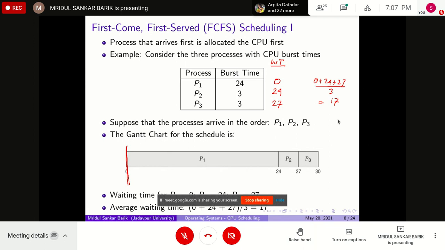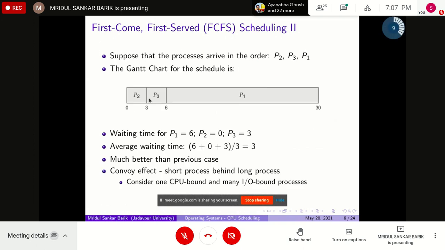Whereas for the same set of processes, if they arrive in a different order, they all come at time 0 but in this order: P2 followed by P3 followed by P1. First P2 would be scheduled at time 0, P3 at time 3, and P1 at time 6.